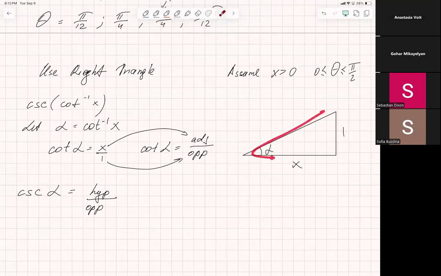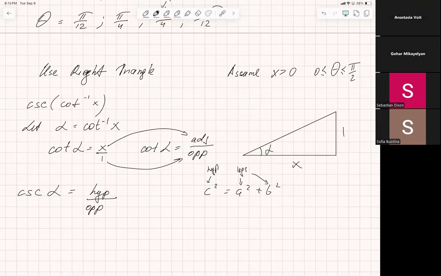So for our triangle, we need to find what this hypotenuse is. For this one, we will use the Pythagorean theorem: c squared equals a squared plus b squared, where these are the legs, and this is my hypotenuse.